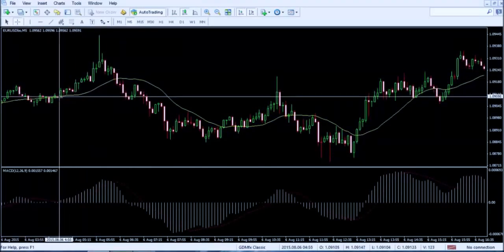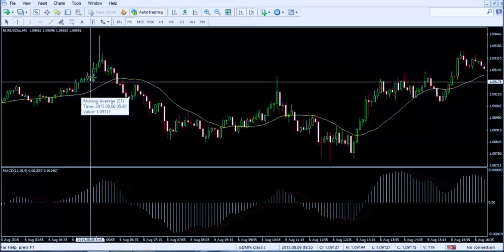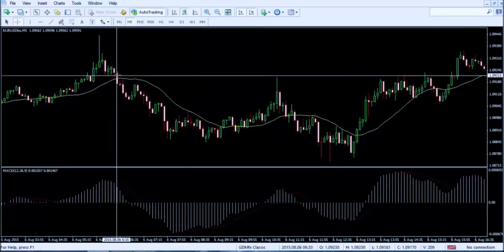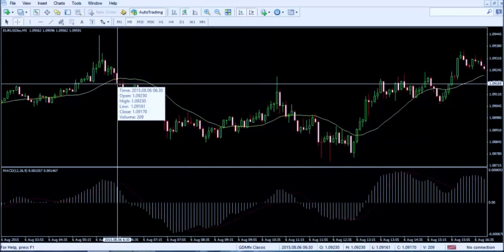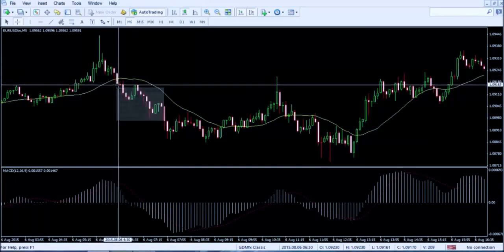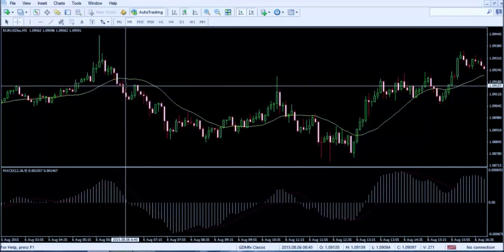Okay, price is trading above the 21 moving average, and when price bursts through the 21 moving average to the downside and closes below it, we would want the MACD to turn negative.